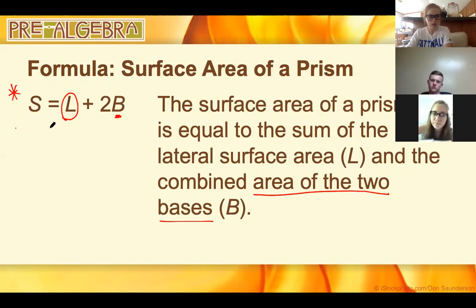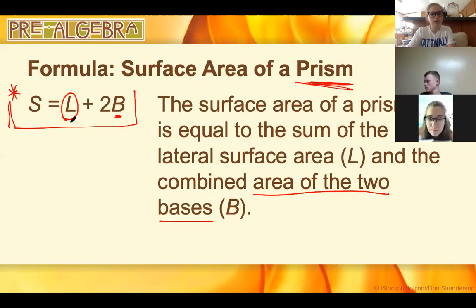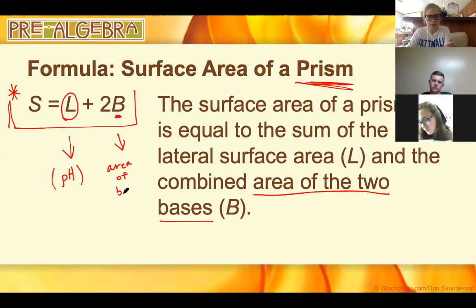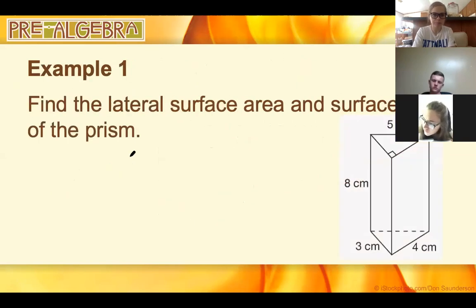So here's the big formula you need to know. How do you find the surface area of a prism? The lateral surface area, what was the lateral surface area? Perimeter times the height plus 2 times B, the area of the base.